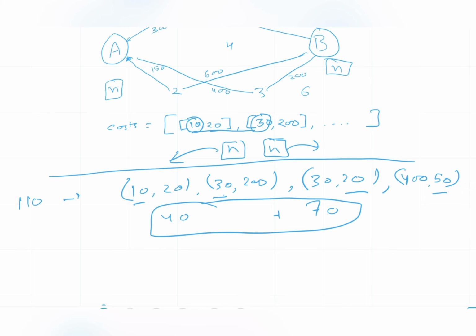But what if this 30 and this 30 are interchanged, and we add this 30 and 10 because it has the same value, and then we add this, right? So we might say if it is equal, we might want to see the next value also to do the calculation.